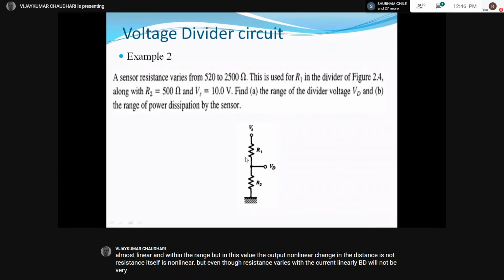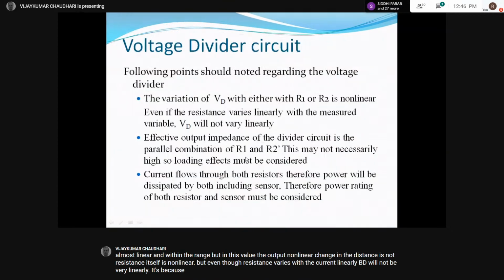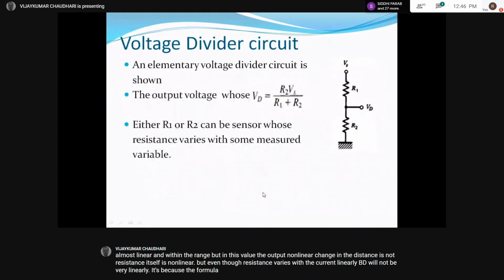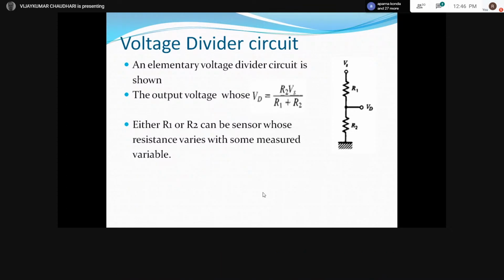While selecting a sensor, power dissipation is an important criterion. Power dissipation depends upon the current drawn by the circuit. Suppose some load is connected to an amplifier, and the amplifier input is given from the sensor. We want to select the sensor.